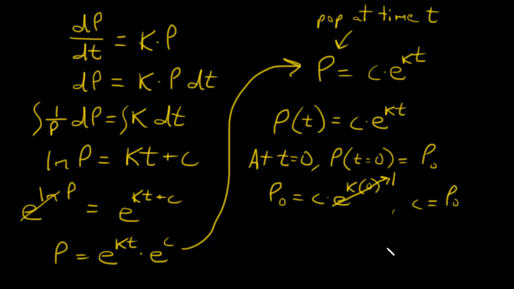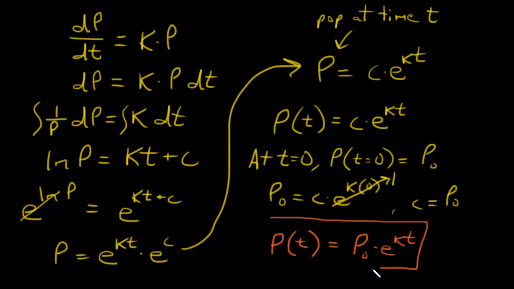Okay, and so now I can rewrite it as the final version, p of t is equal to p naught times e to the k t. And this is our final form that we derived, or exponential growth of a population.